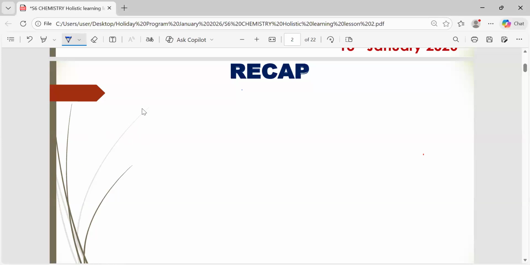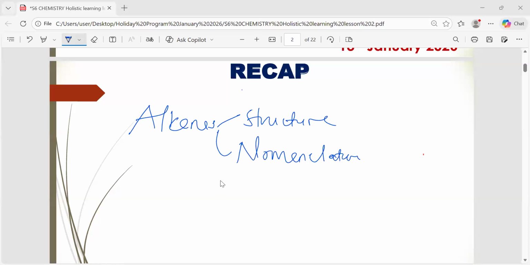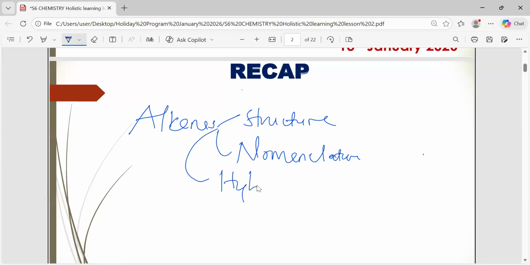And from there, we looked even at the nomenclature, and even we talked about hybridization. So the structure, nomenclature, and then we also talked about hybridization.